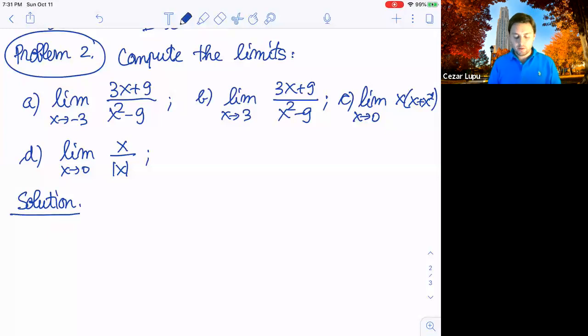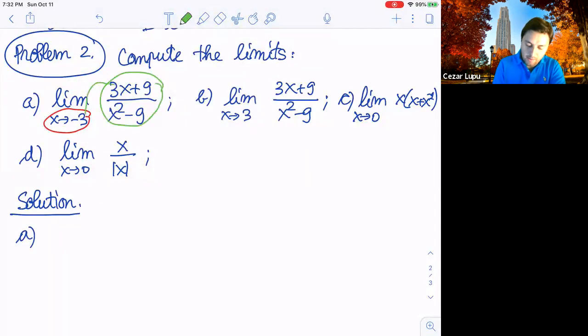Let's start with the first one. The first thing that you need to do is, you see, you have here x approaches -3. So the first thing you need to do is to plug in x equals -3 into this fraction here.